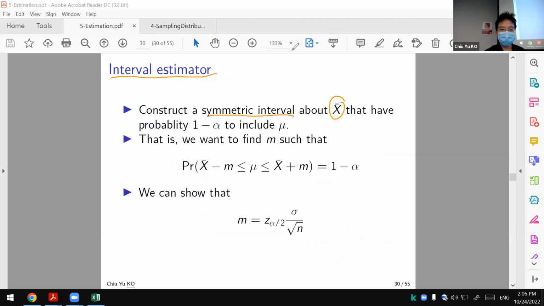Basically just like the following. This is the mu, and maybe we get X bar is here. So what we want to do is to go left and go right, trying to see if this mu is included.